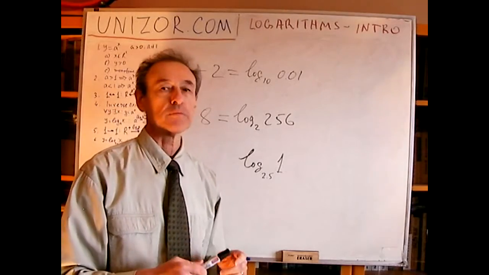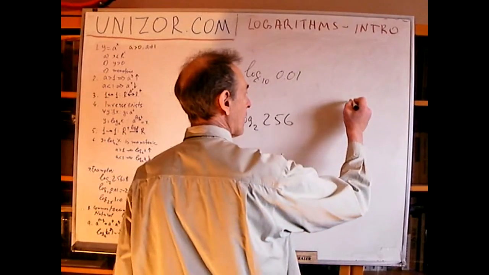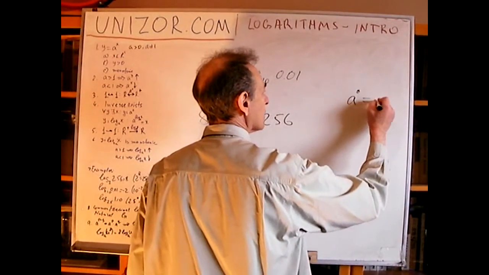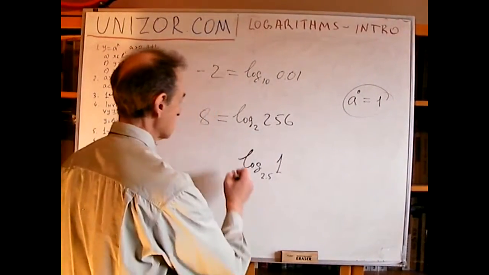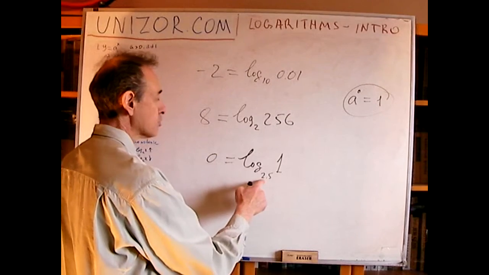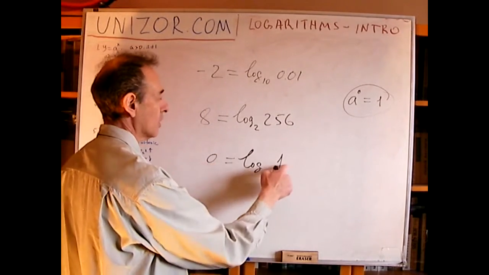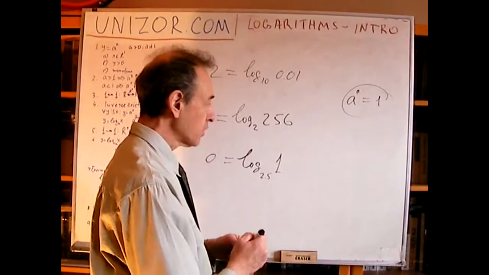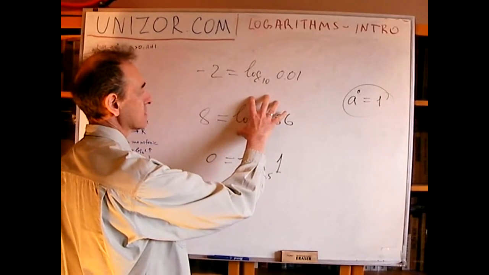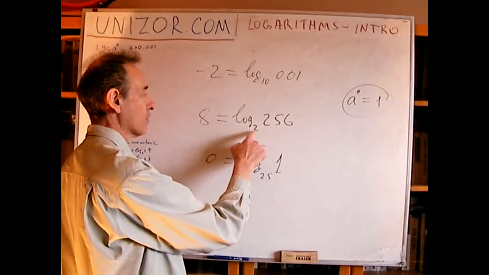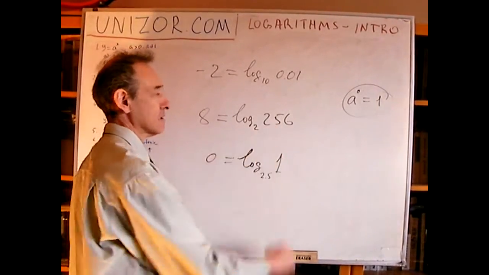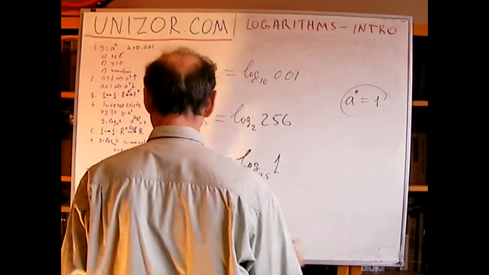Now, let's just remember that any number to the power of 0 will give you 1. So that's why this is equal to 0, because 2.5 to the power of 0 will give 1. So always, whenever you see something like this, it signifies the power to which I have to raise the base to get the argument. Okay?